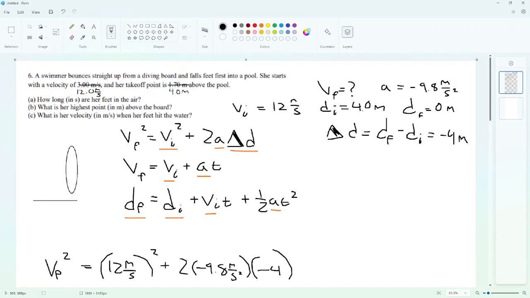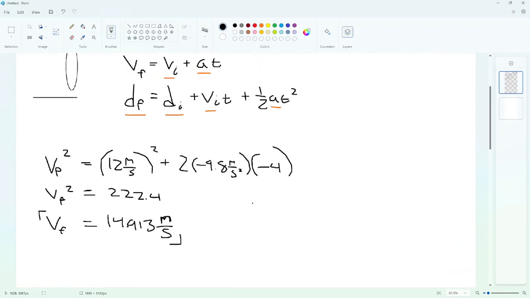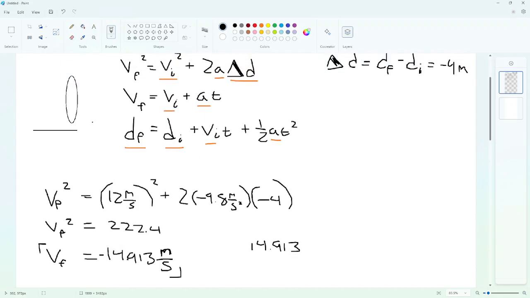Now that we've acquired our final velocity, we can acquire our time. But hold on for a second before we go any further. Velocity final is not going to be positive, it will be negative, because by the time the person is heading downwards, the velocity is negative. You might ask why we couldn't get a negative velocity from here.